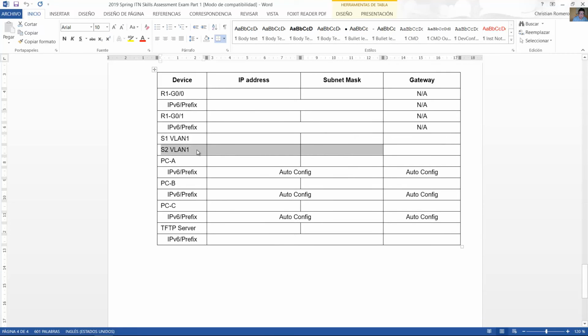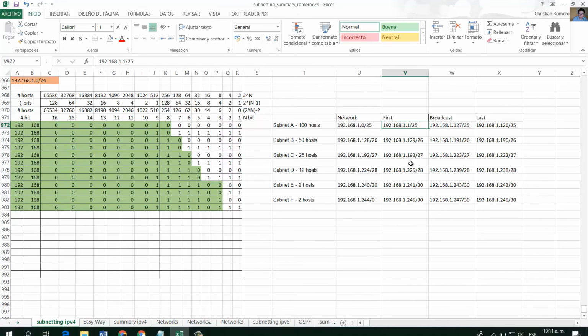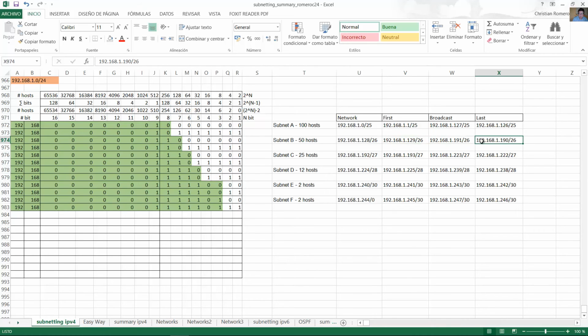And switch 2 VLAN 1 can use any IP in this range, 192.168.1.130 to 192.168.1.190, any in the range.